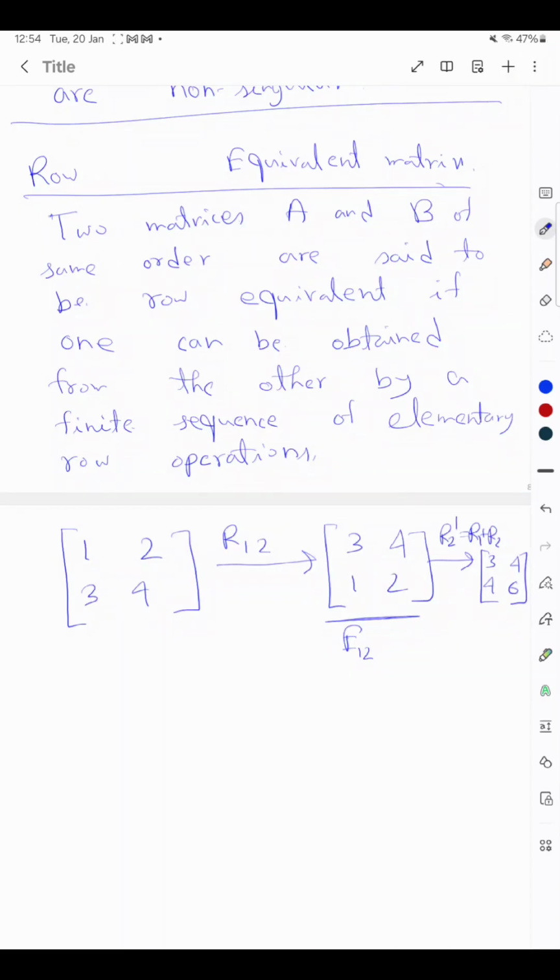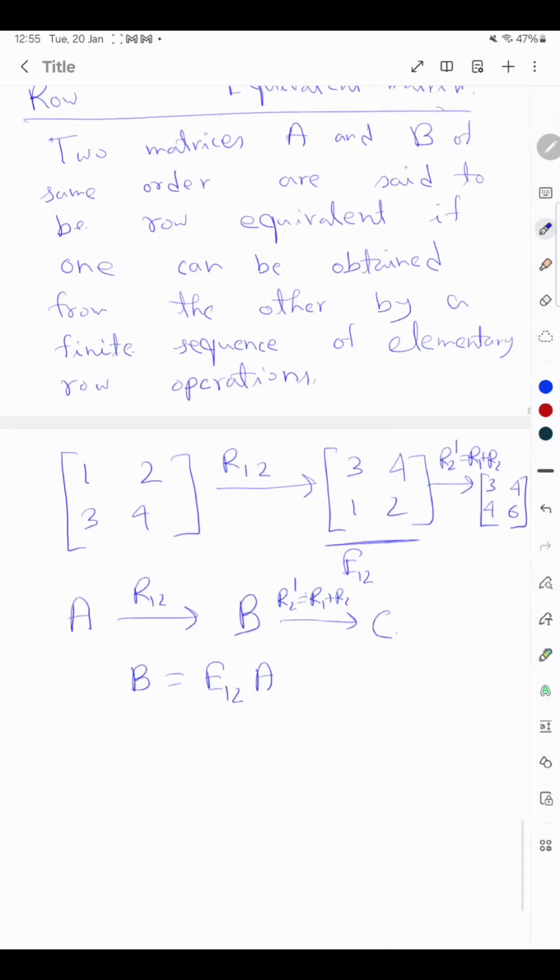So basically, suppose you have matrix A, after that you are doing some operation R12, then you are getting some matrix B. Then after that you are applying the operation R2 dash is equal to R1 plus R2, and you are getting the matrix C. So from what we discussed earlier, this matrix B I can write as E12 into A, right?